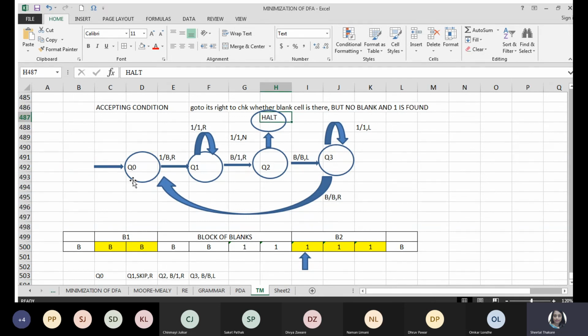So if the minimum number of states required is 5, it should be 5 only. You can have 6, 7. That will be repetition. Like in programming, the simplest example is addition of two numbers. You can have only two variables declared and print the result as a plus b.